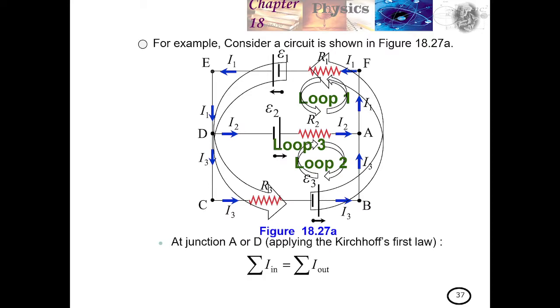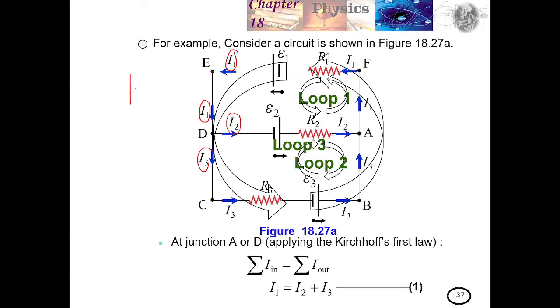At junction A or D, applying Kirchhoff's first law, the total current going in equals the total current going out. So I1, you can see I1 over here, is equal to I2 plus I3.